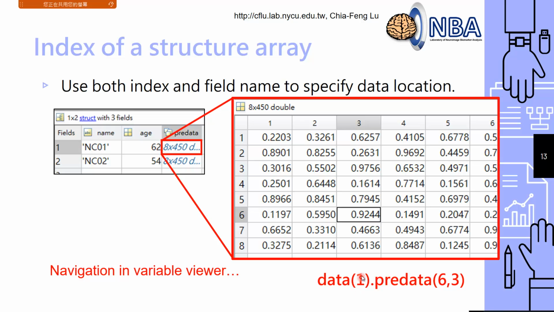So you pick the first subject right here, and then use this period. Period means I'm going to access or get the value from a specific field. So after this period, you need to put the field name. Predata is the field name right here. And then once you come to this part, we can show the example right here.